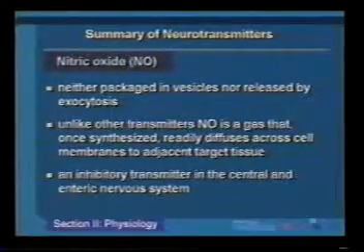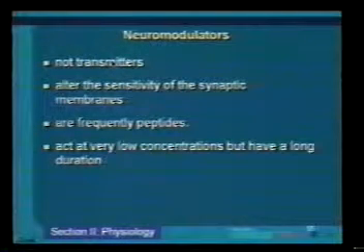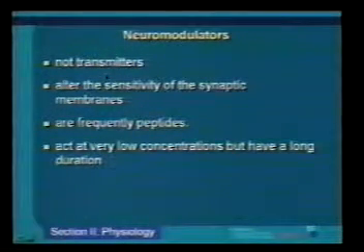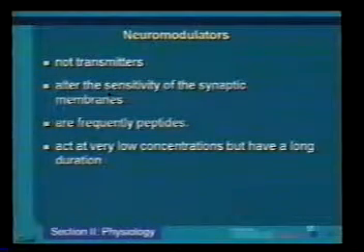There's a few other substances that are released at synapses that are not transmitters. These are called neuromodulators. Now, as I said, they are not transmitters. They function by altering the sensitivity of the synaptic membranes.